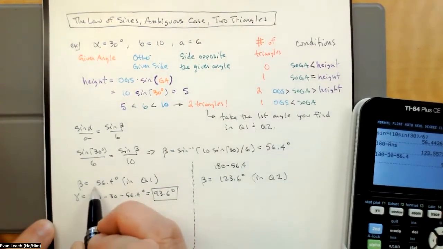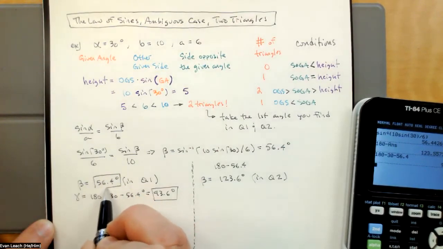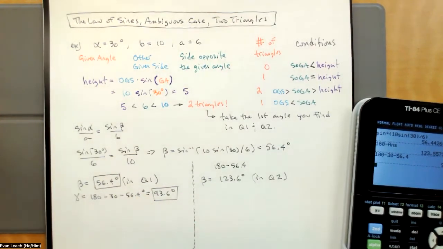So I've got my first beta, my first gamma. Once I have a gamma of 93.6, I can use the law of sines again to solve for C. I want to use as much given information as possible.